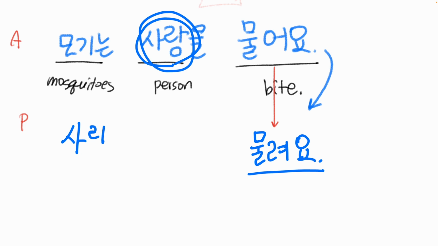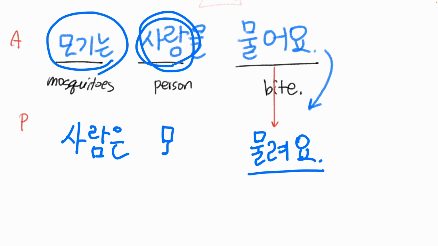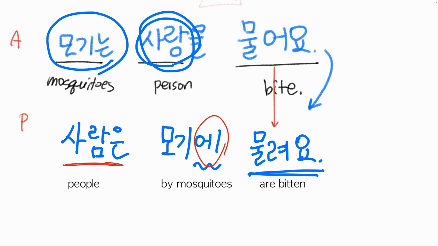So you can mark 사람 with a subject marker. So I will put 은 here. And then for 모기, mosquitoes, we want to indicate that biting came from 모기. So you could use particle 에 in this case. So here it would mean 사람은 people, 모기에 by mosquitoes, is bitten.